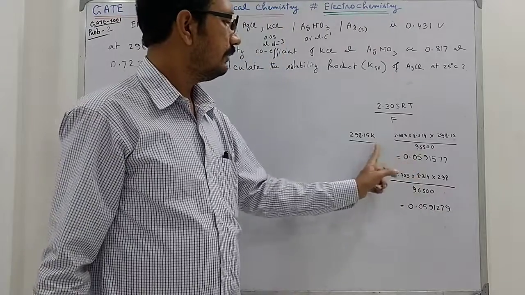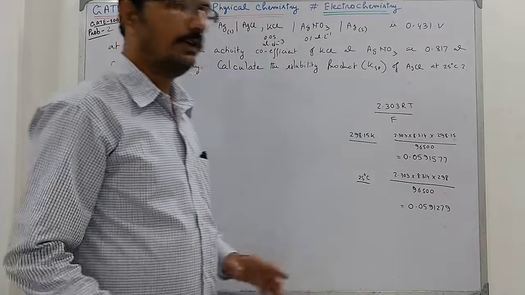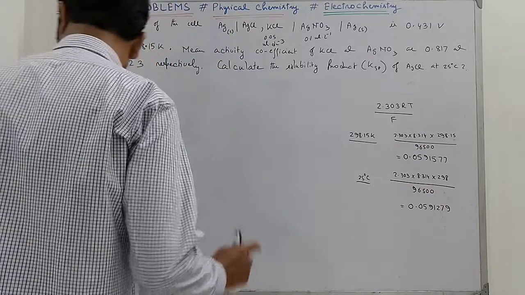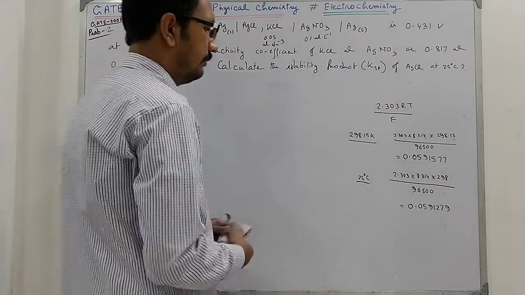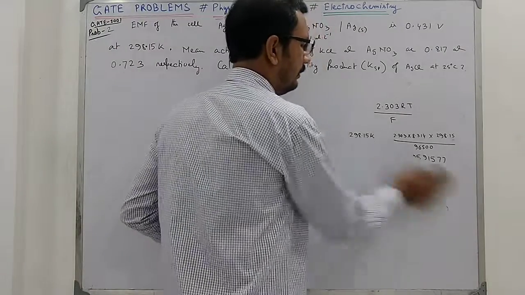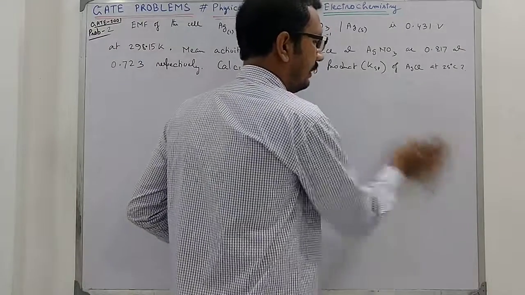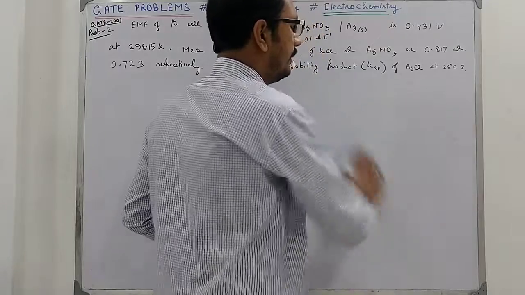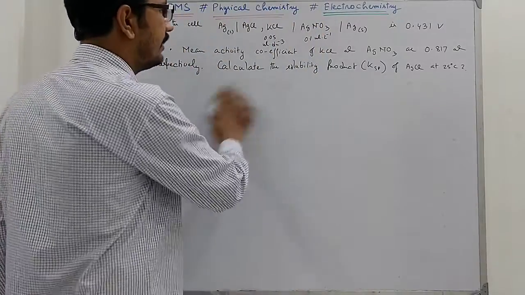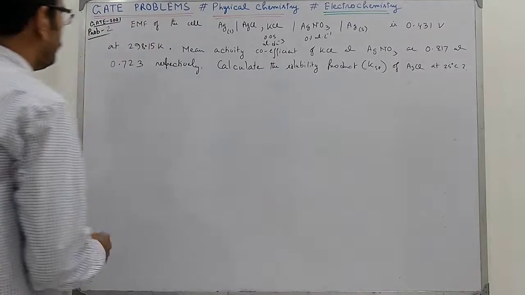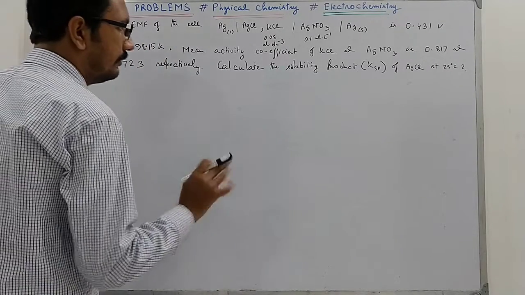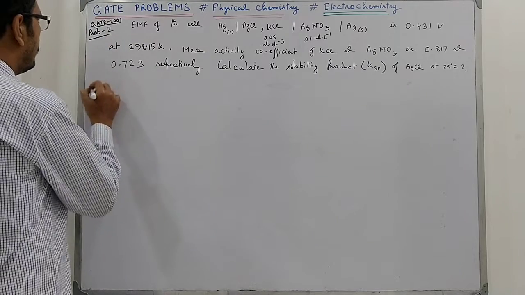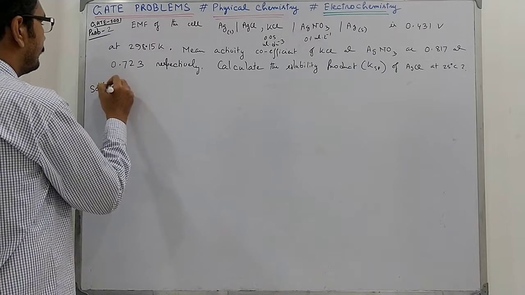So nothing to worry. If you write 0.0591 in both cases, the result is not going to vary, since the temperature difference is negligible. But let us make ourselves safe.